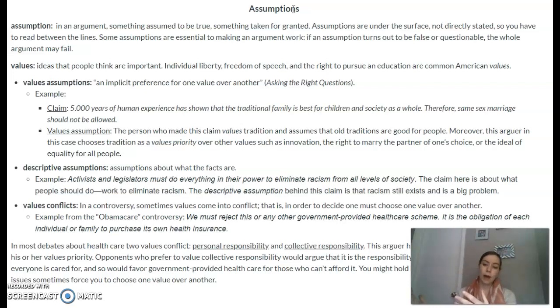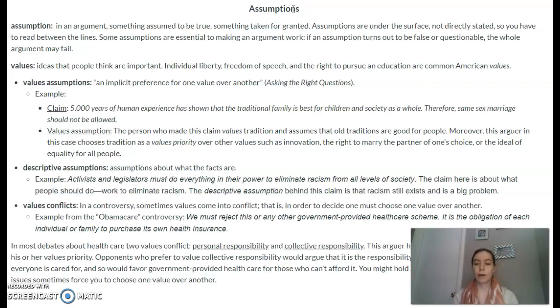The other way that an argument can break down because it's based off an assumption is through values, right? If we go back to that idea that women are not treated the same in society, there's an assumption there that women should be treated the same. That's a values conflict, okay?